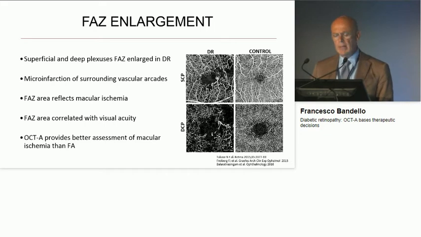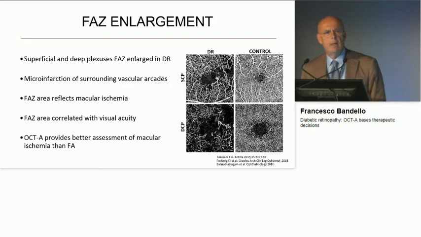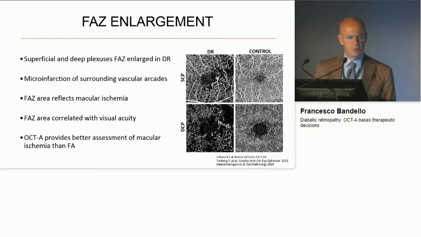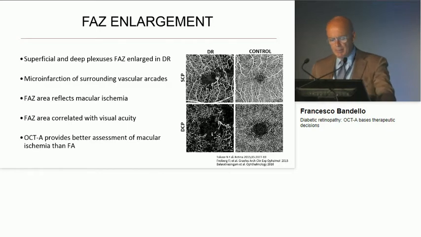So starting from the enlargement of the foveal avascular zone, there are already some contributions in the literature about this topic, and these contributions were able to show that the superficial as well as the deep capillary plexus show some kind of enlargement of the foveal avascular zone in diabetic patients with retinopathy.